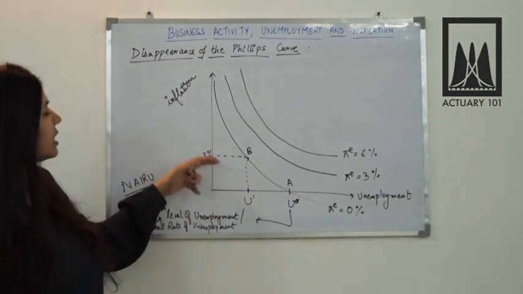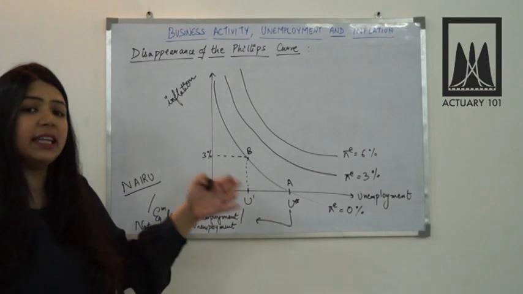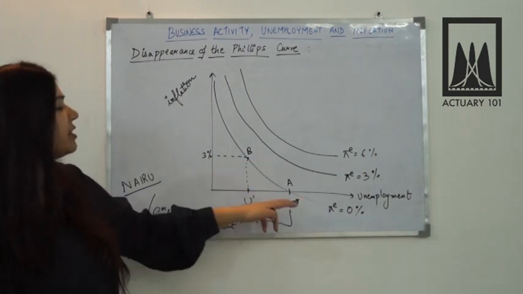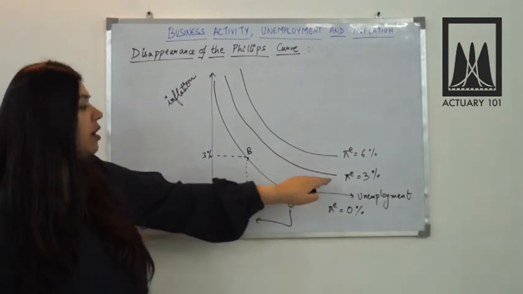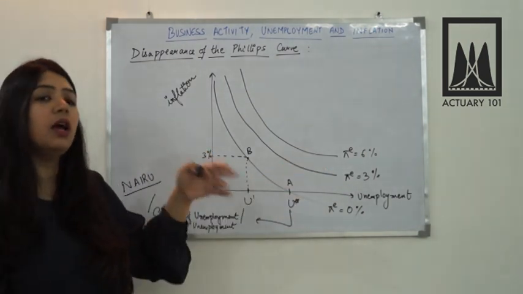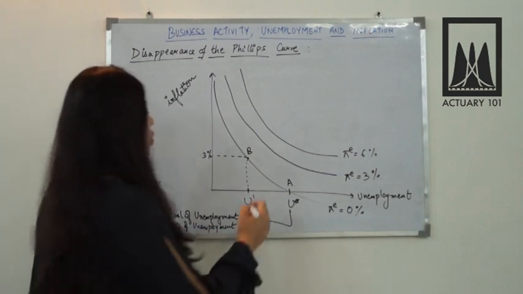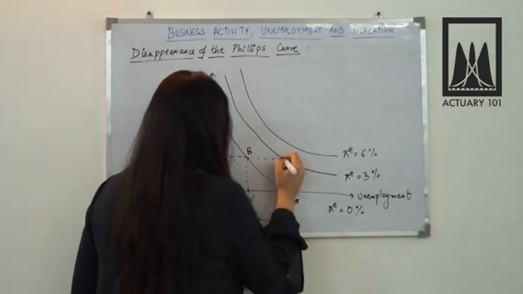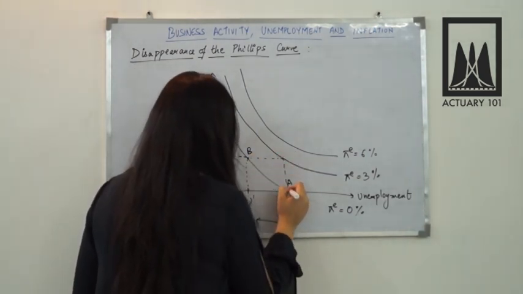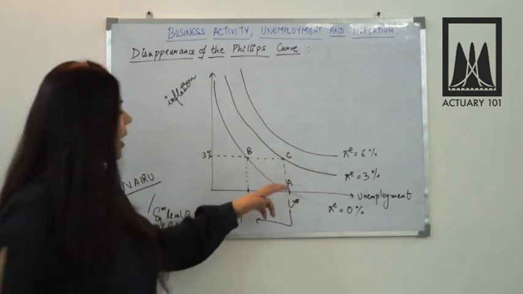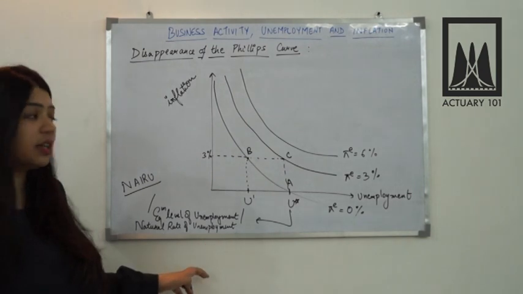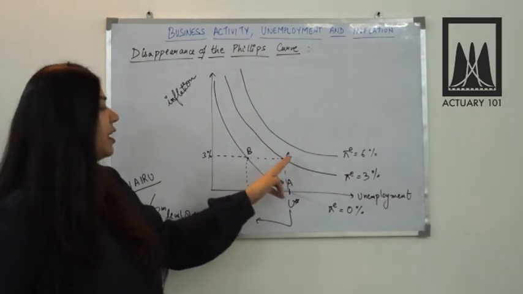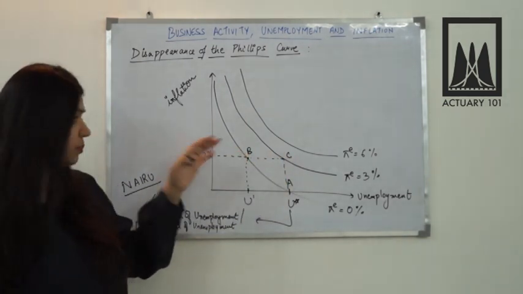And since there has been an increase in the expected inflation of wages, the Phillips curve shifts outward again because of the expectations. So ultimately, we reach this point C, where the unemployment is again the same at the natural rate, but the inflation has increased to 3%.